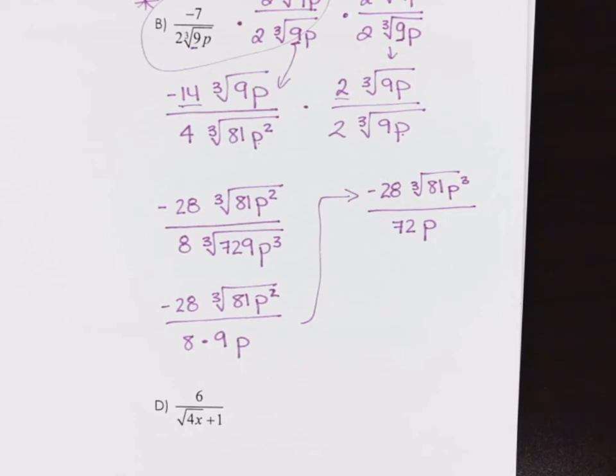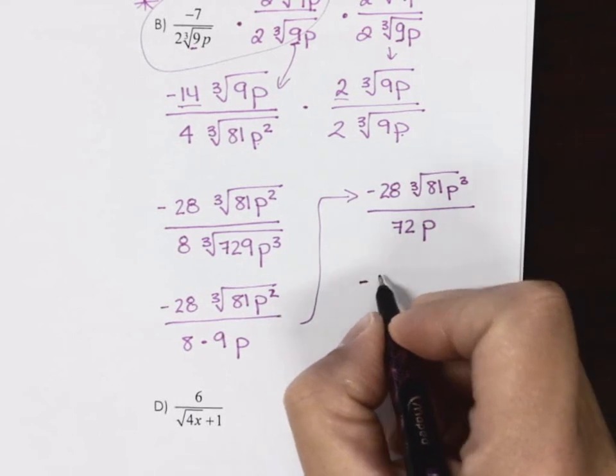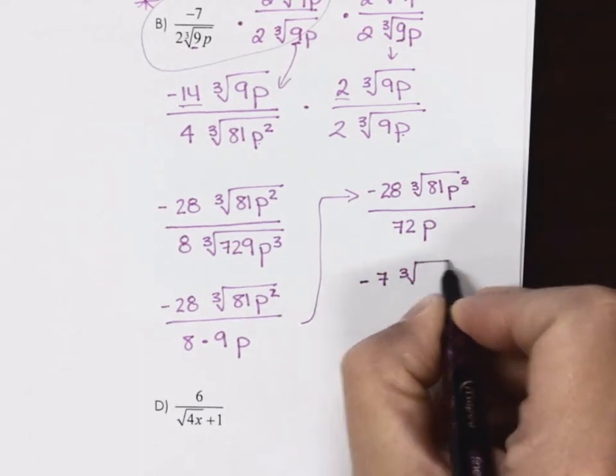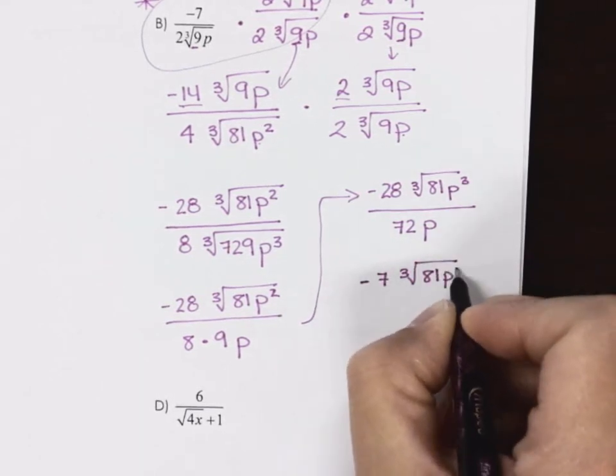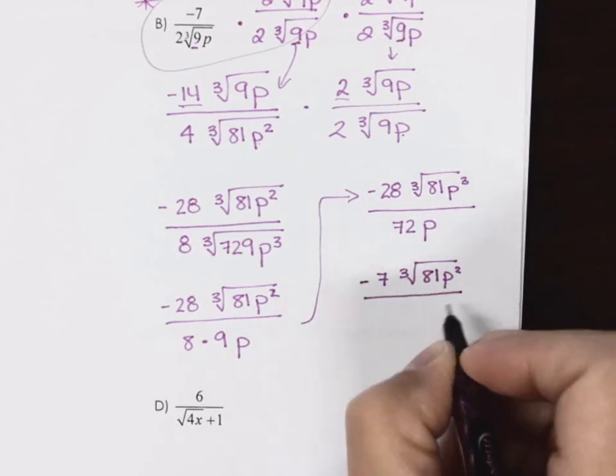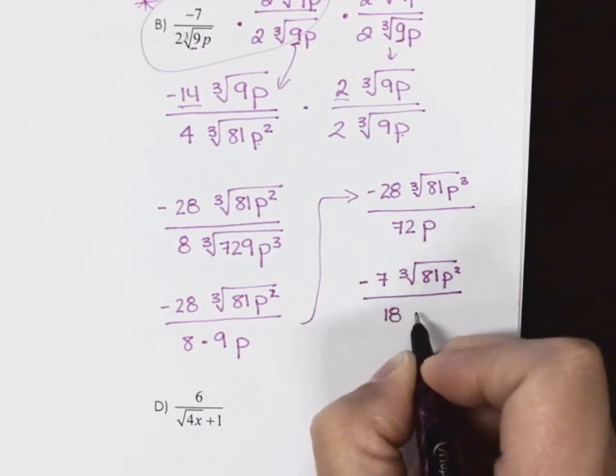Okay, so I'm going to my calculator. 28 divided by 4 gives me 7. Good job, everybody. 72 divided by 4 gives me 18. And I know 7's a prime number, so I know I can't reduce any more than that. Does that make sense to everybody? So I'm going to reduce that fraction by 4, so I'm going to have negative 7 cube root 81p squared over 18p.